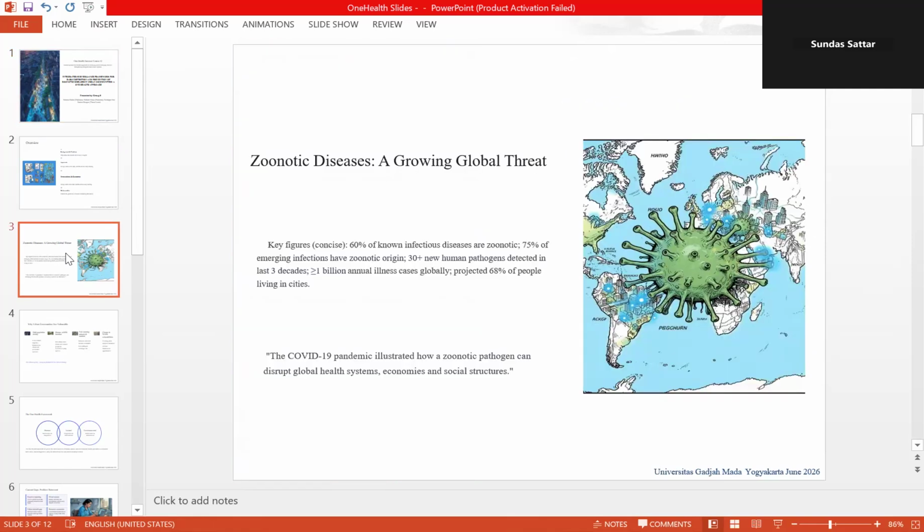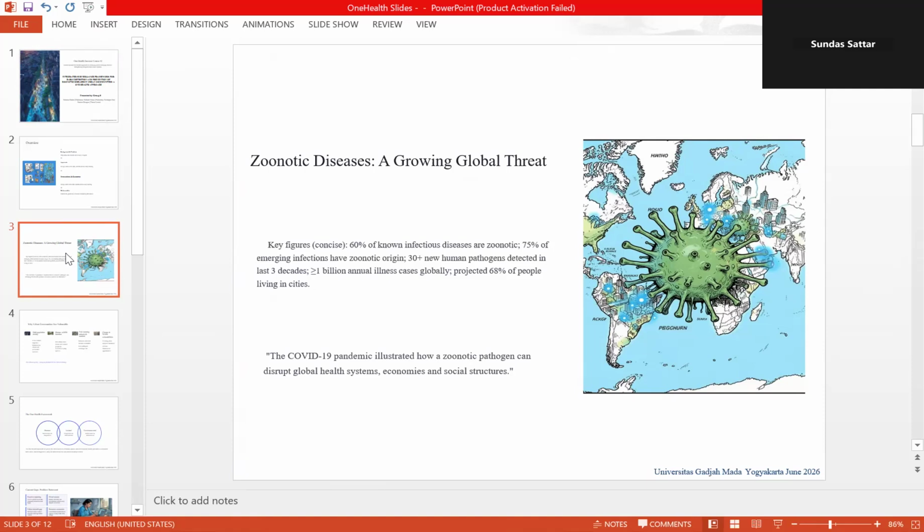Zoonotic diseases are a growing global threat. Zoonotic diseases are infections that are transmitted between animals and humans. They represent a major global health threat. Around 60% of non-infectious diseases and 75% of emerging infectious diseases are zoonotic in origin.